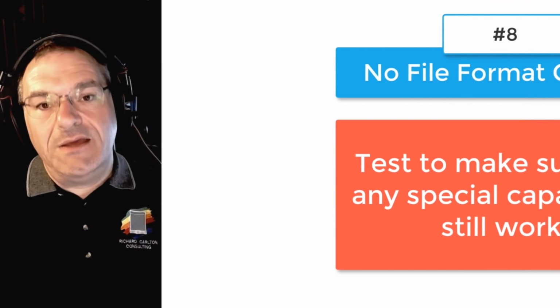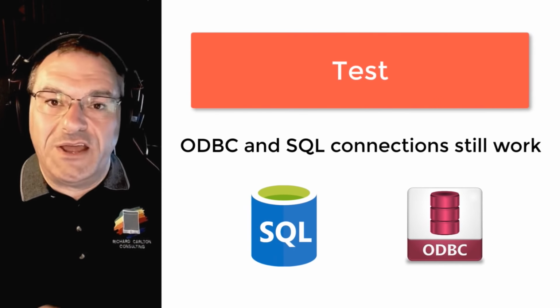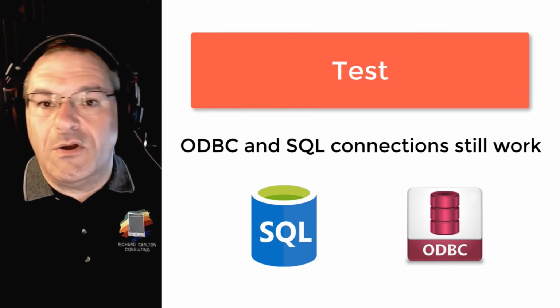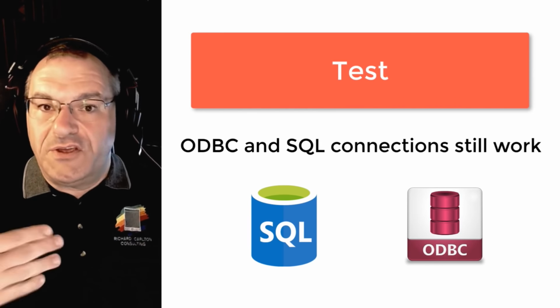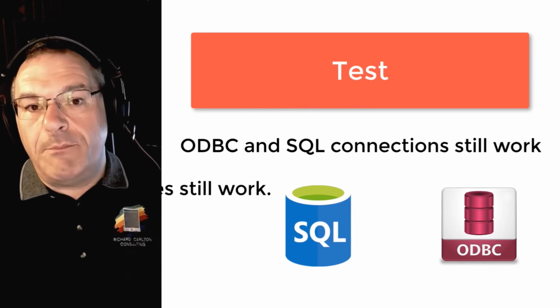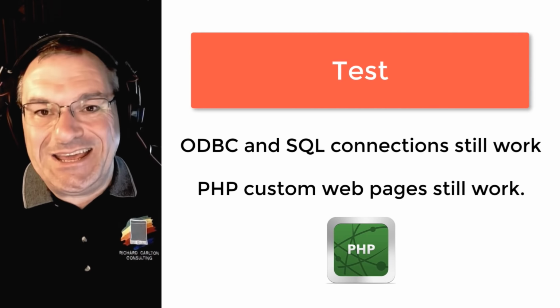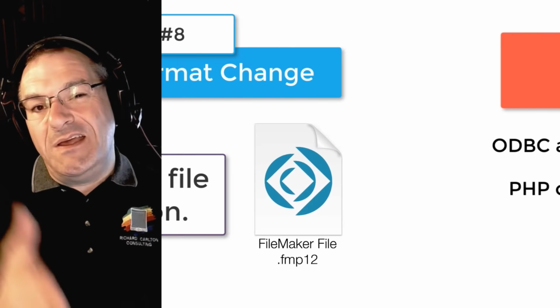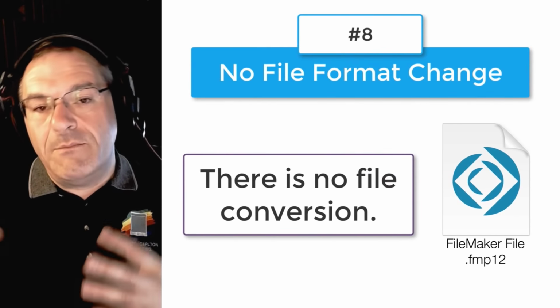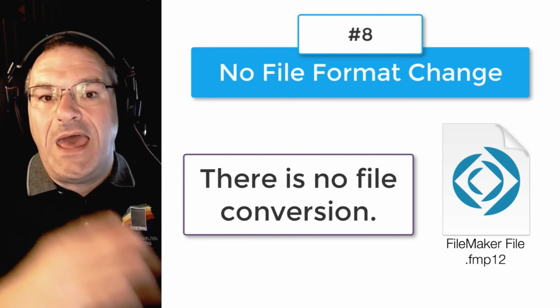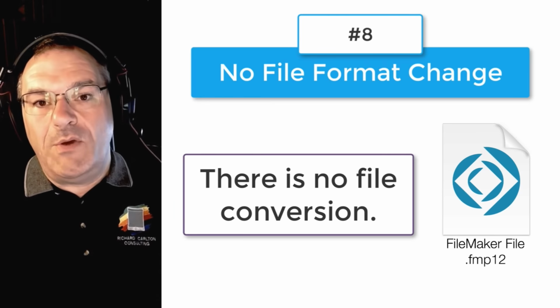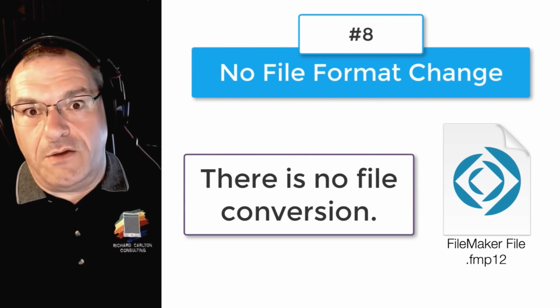If you're upgrading, you want to test to make sure that if you have connections to ODBC or SQL data sources, those connections are still working. If you have a PHP custom web page that's talking to FileMaker, you need to test that in advance. That being said, there is no file conversion. So FileMaker 19 can read the same FMP12 file that we've had since FileMaker 12.